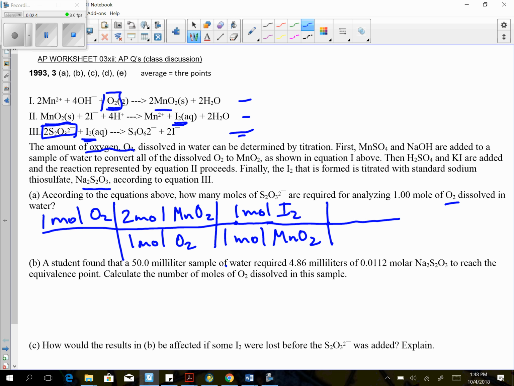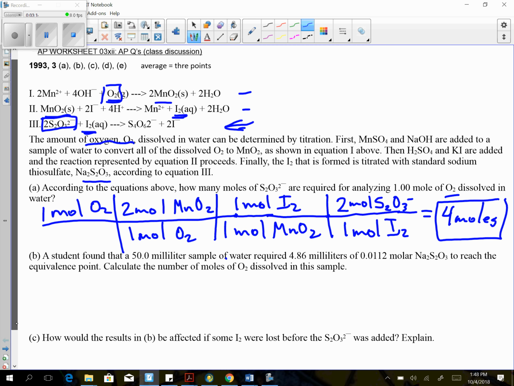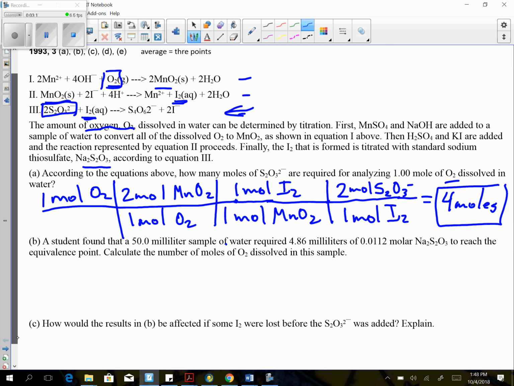Then in our last reaction here, for every 1 mole of iodine that reacts, we need 2 moles of our thiosulfate ion. So how many moles? 4 moles. Okay, and that was worth 1 point for part A in 1993.